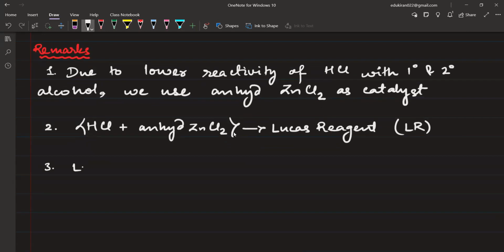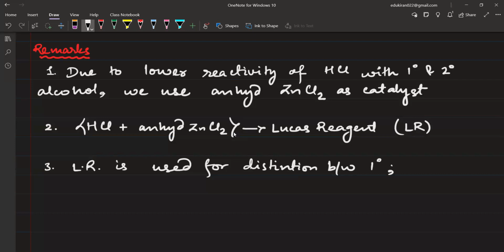Third, LR, that means Lucas reagent, is used for distinction between 1 degree, 2 degree, and 3 degree alcohol.